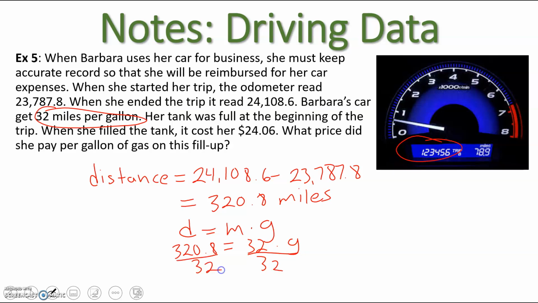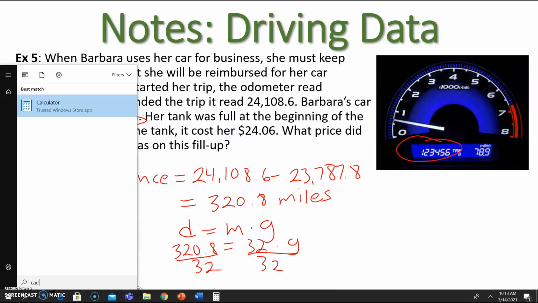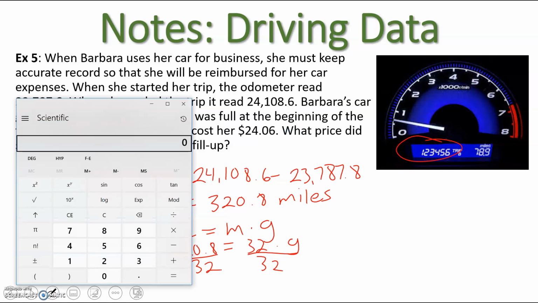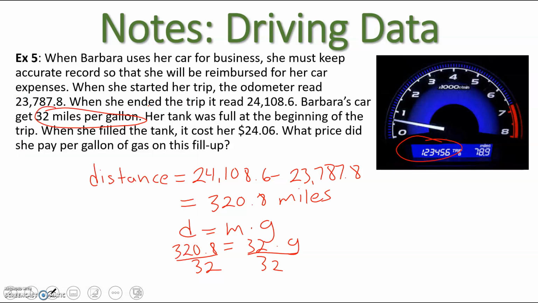You can tell it's going to be about 10, but let's get an exact. So 320.8 divided by 32 is about 10.025. Okay, so she used about 10.025 gallons on this trip. Right?